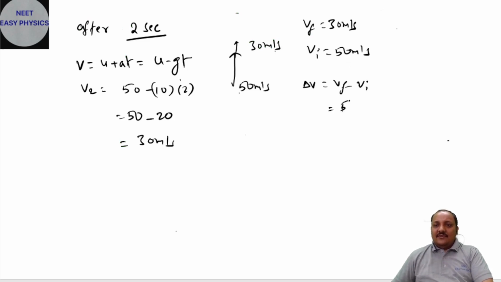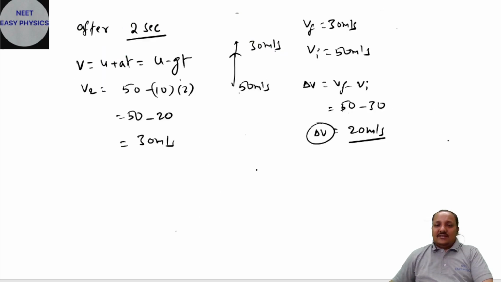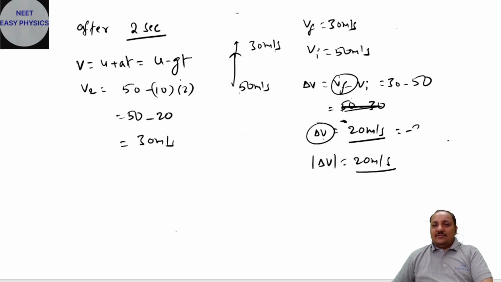Sorry, Vf here is not 50. Final velocity is 30. Correct? 30 minus 50 means you will get minus 20. So change in velocity is minus 20 meter per second. Magnitude of change in velocity is plus 20 meter per second.